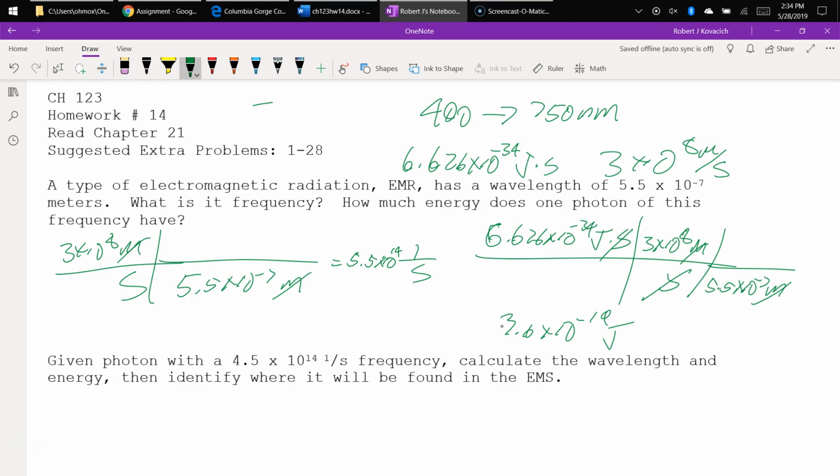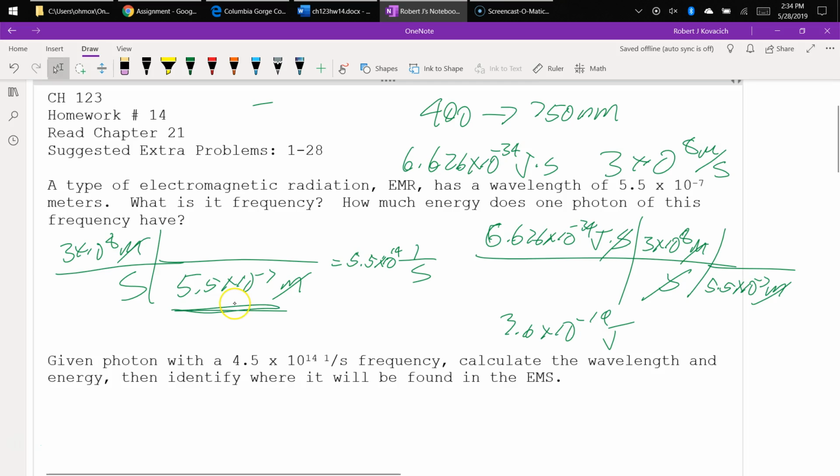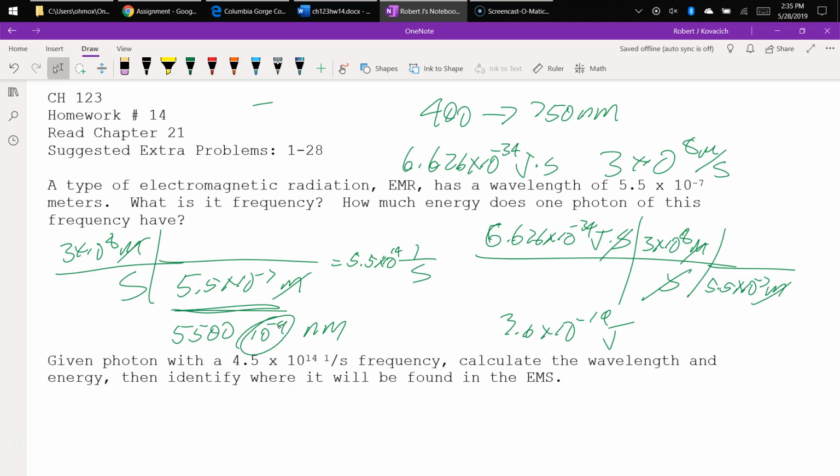And then this 5.5 number, if I make this 10 to the negative 9th, this becomes 5500. And so then I can change this to nanometers, so we're at 5,500 nanometers. So we're longer than red. So what's that? Infrared. So this is in the IR spectrum.